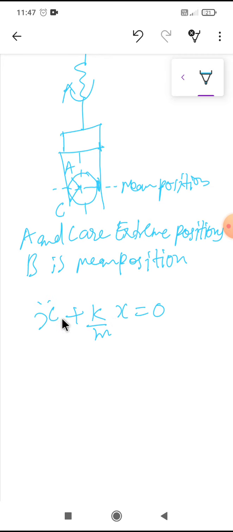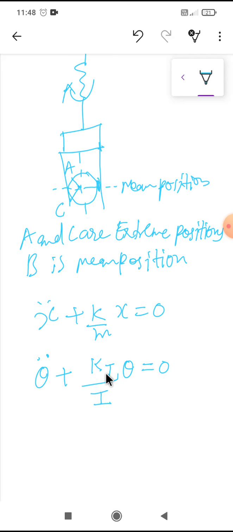Now here in circular motion, instead of distance it is rotating, so it will be an angle, theta. Angular acceleration will be theta double dot, and instead of mass we use the moment of inertia I. Instead of x, theta, equal to 0, and instead of k we will use kt, the torsional stiffness.